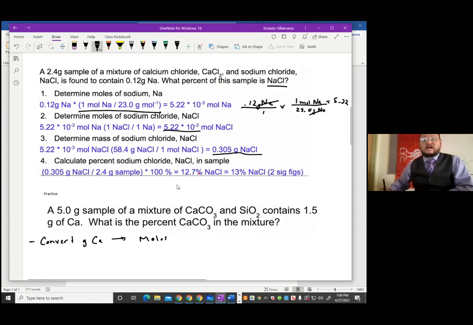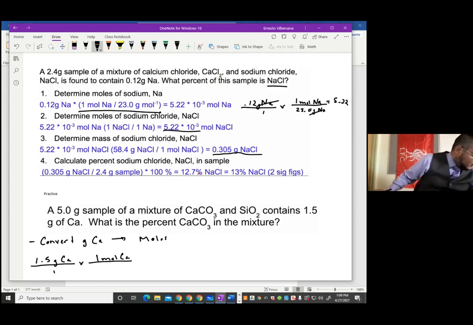I have 1.5 grams of calcium. I know that 1 mole of calcium has a mass of 40.08 grams, and I end up with 0.037.